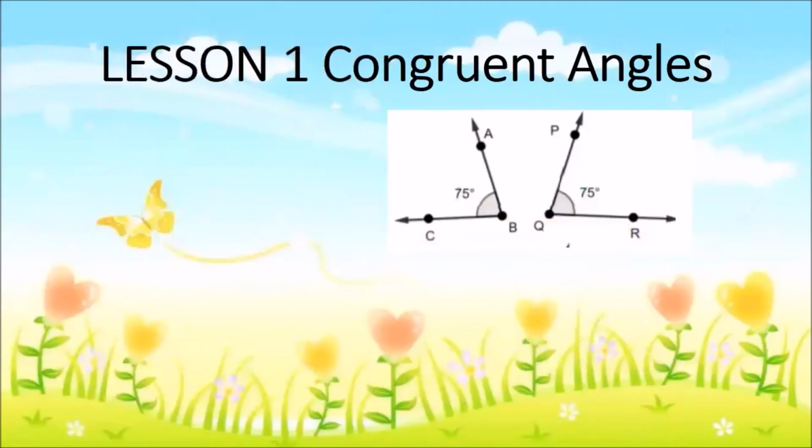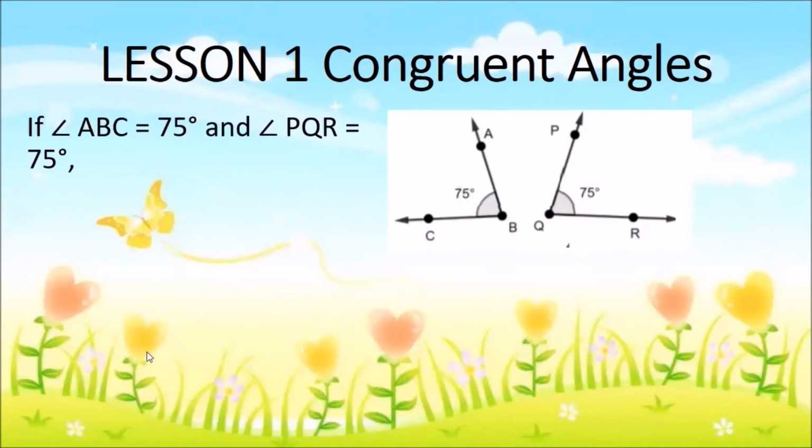Lesson 1 is about the congruent angle. In this figure, kita natin, magkaparehas yung sukat. Equal measure. So if the measure of angle ABC is equal to 75 degrees and the measure of angle PQR is also 75 degrees, therefore the measure of angle ABC is equal to the measure of angle PQR.